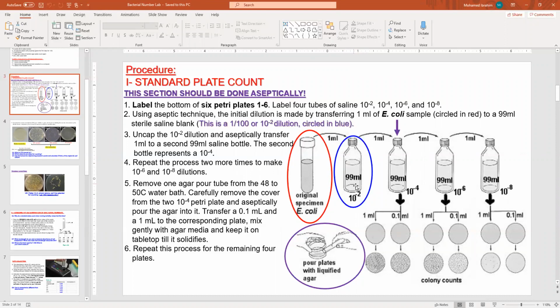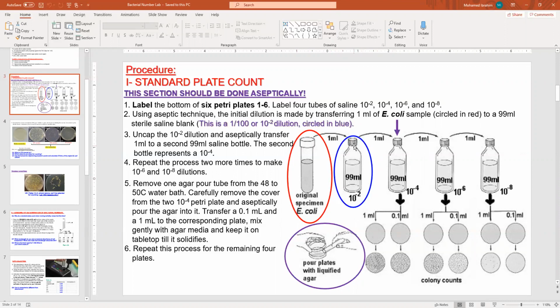How did I get this number? You have the amount transferred, which is 1 ml, divided by the total volume. Total volume is going to be 99 ml plus the 1 ml that you moved. That will give you the dilution factor for that bottle.